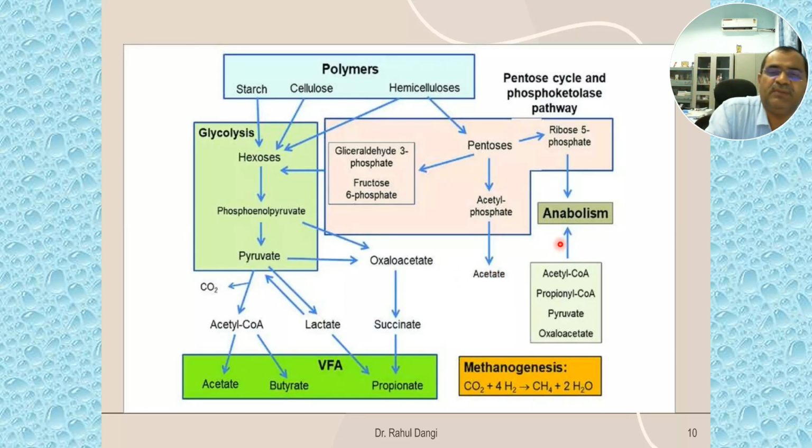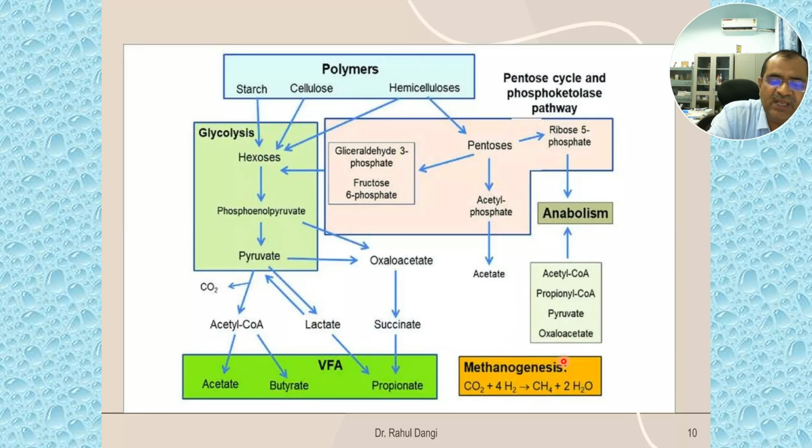Whereas in the pentose cycle and the phosphoketolase pathway, the pentoses are broken down to ribose 5 phosphate, and they are anabolized to acetyl-CoA, propionyl-CoA, pyruvate and oxaloacetate.